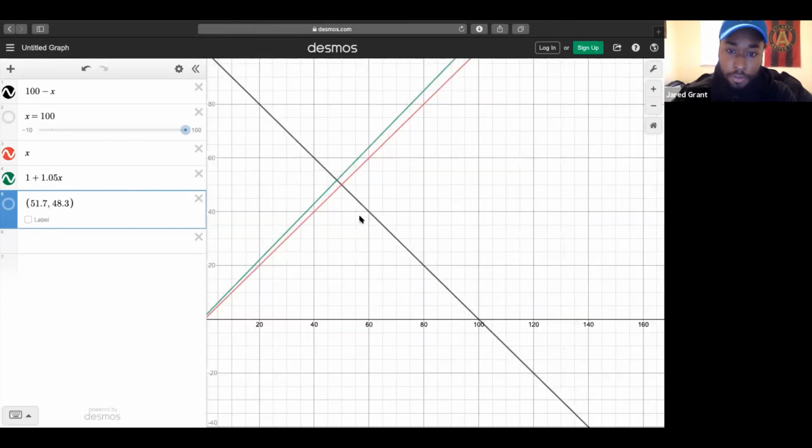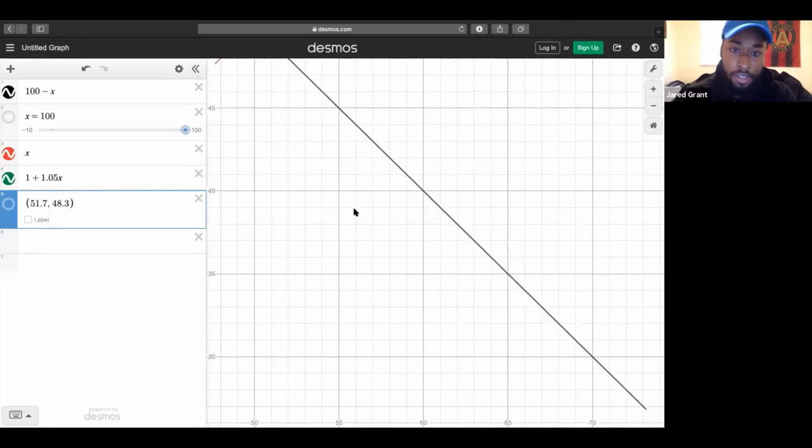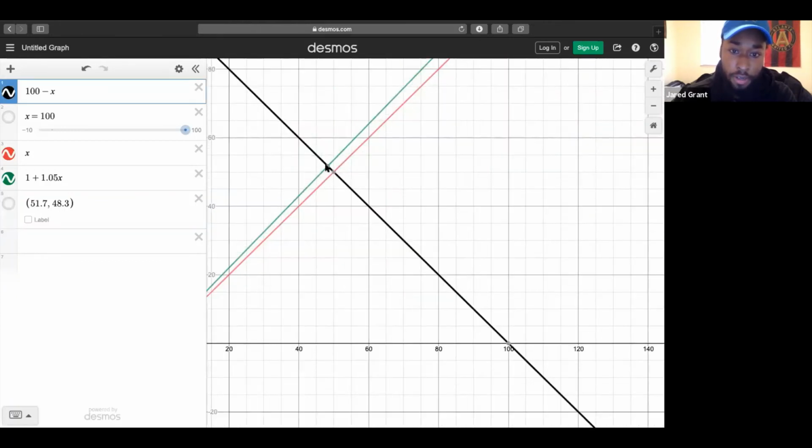Now if we zoom in and analyze this point right here, we get the numbers that we calculated, 48.2 for the quantity and 51.7 for the price for period 2. And like I said, this is a visual case to further prove how the numbers move and change.